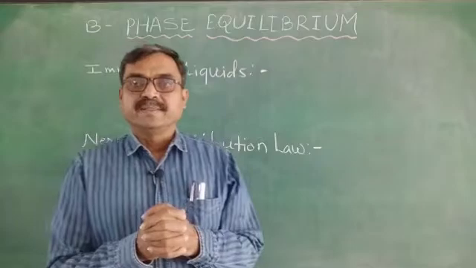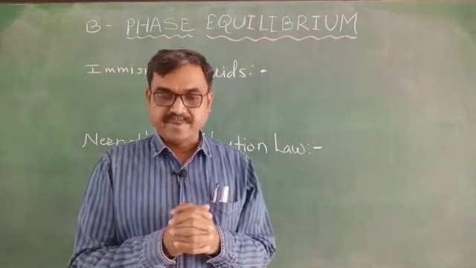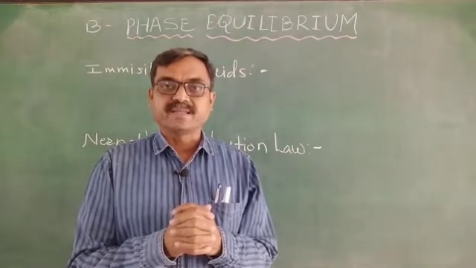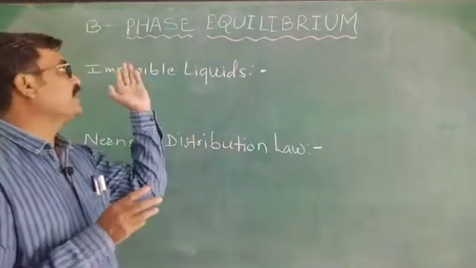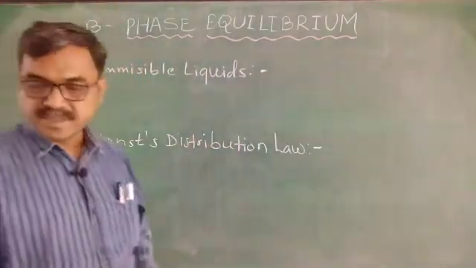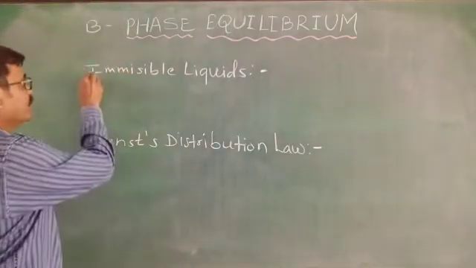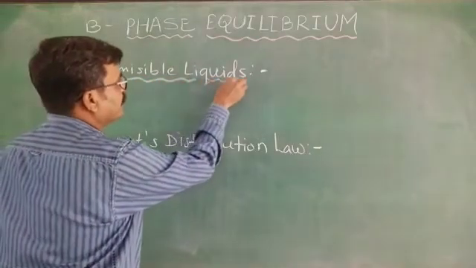Now in this last unit, that is thermodynamics and phase equilibrium, we studied part A, that is thermodynamics. Now here is part B, that is phase equilibrium. In this phase equilibrium, first of all we must know what is meant by immiscible liquids.